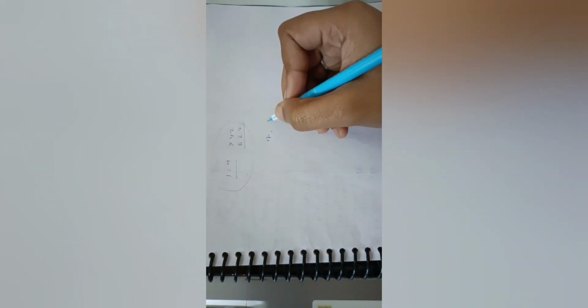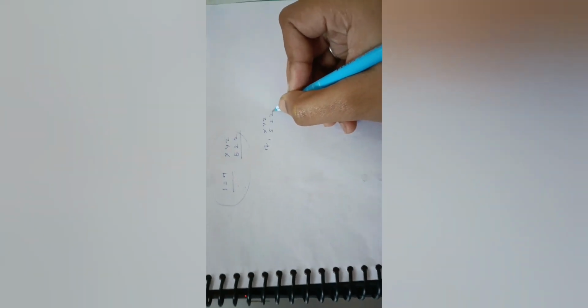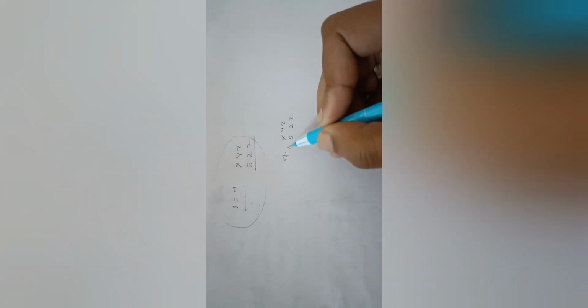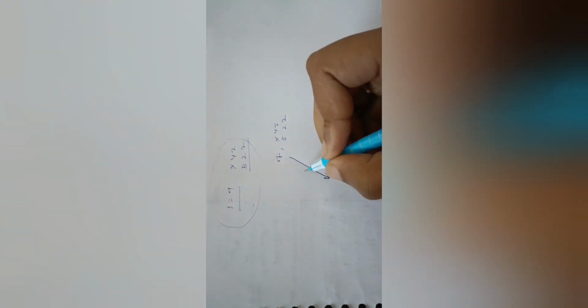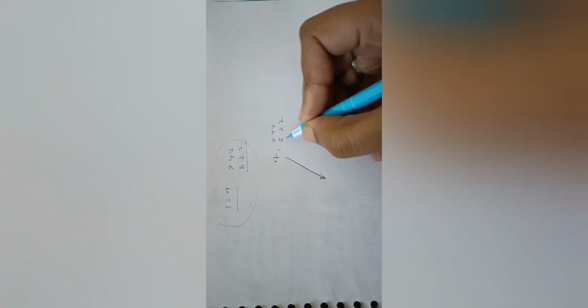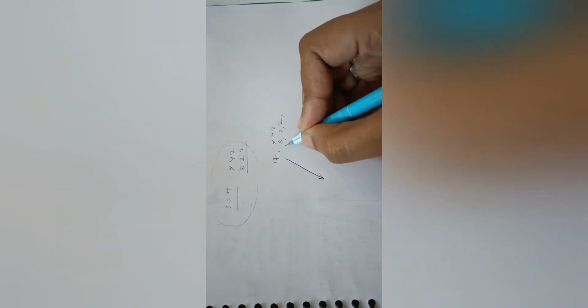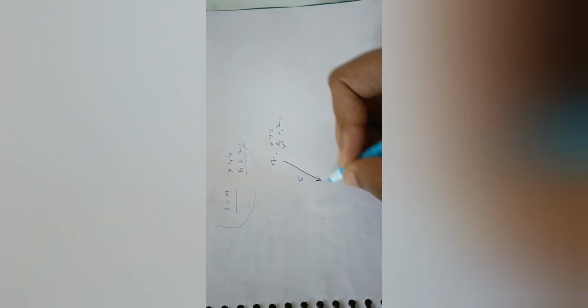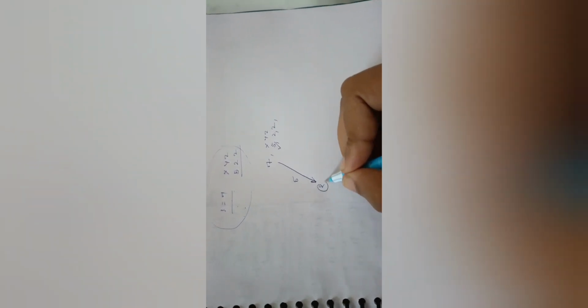We have 7, and x, y, z which are 5, 3, 2. To segment this 7, we can use 5, 3 or 2. First start with the 5. What will be the remaining length? It will be 2.